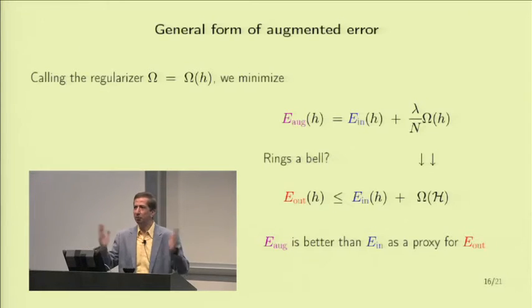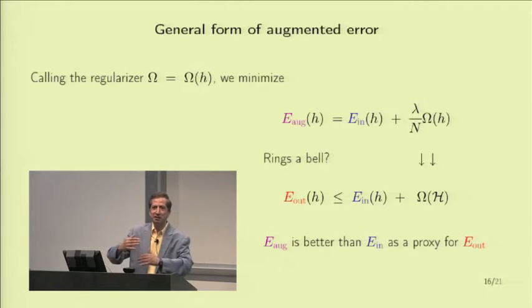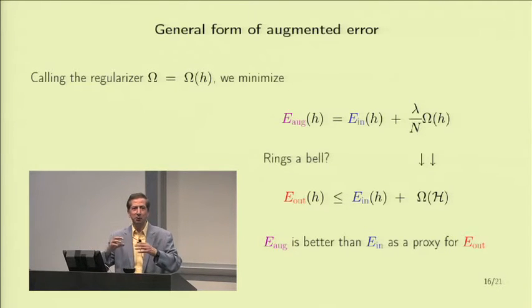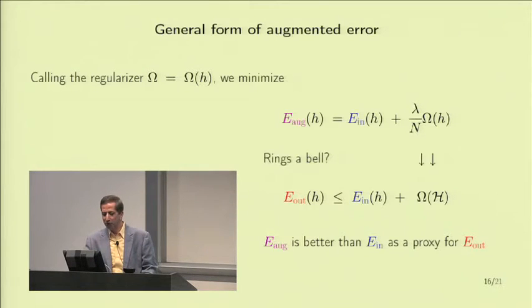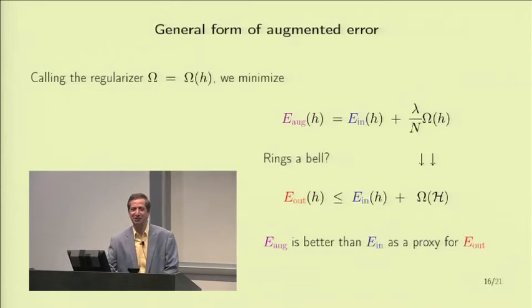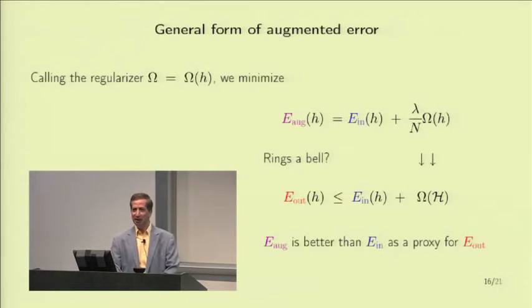If you get that, you are done. Minimize it and go home, okay? But there is always this slack, and there are bounds, and this and that. And now our augmented error is our next attempt, starting from the plain vanilla in-sample error and adding something that gets us closer to the out-of-sample error, okay? So of course, the augmented error is better than E in at approximating E out because it's purple. Purple is closer to red than blue. Okay, no, that's not the reason, but that's at least the reason for the slide, okay? So this is the idea in terms of the theory. We found a better proxy for the out-of-sample error.